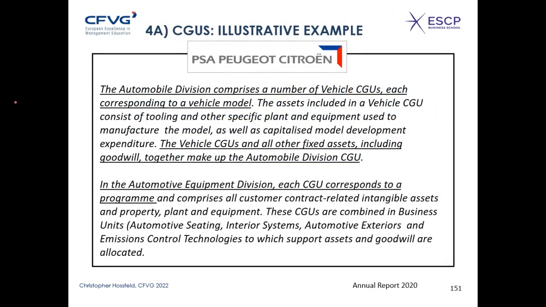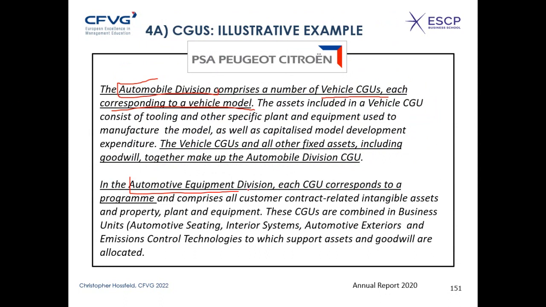So an example here for Peugeot, now called Stellantis. You see that the automobile division comprises a number of vehicle cash generating units, each corresponding to a vehicle model. So they have a multitude of cash generating units just for the automobile division. That's just one division.